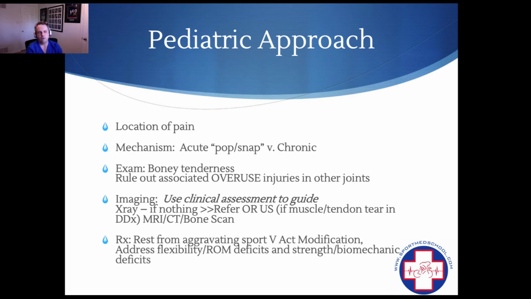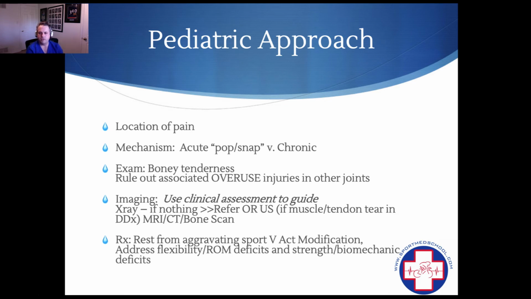But keep in mind that these are overuse injuries, so we are examining the other joints for these children, because it's not unusual to pick up an effusion in another joint not related to the injury they're seeing you for. And there has been some demonstration in the literature of association with other osteochondral injuries such as osteochondritis dissecans and osteochondral defects.